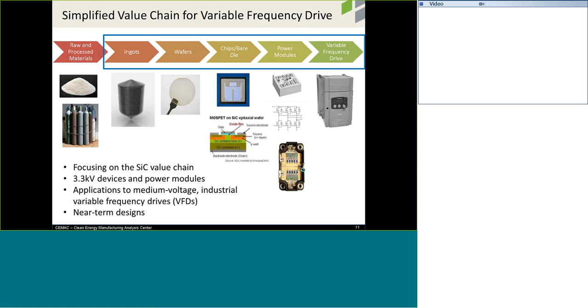The other thing we were doing for ours is when we were looking at specifically the power modules and the variable frequency drives, we were looking at very near-term designs. We were not looking at designs that are more advanced that will utilize some of the silicon carbide wide bandgap capabilities as much as they potentially could.